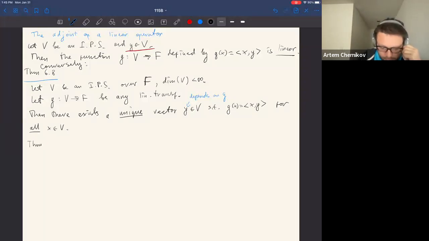And this leads to theorem 6.9, which tells us how to define the adjoint operator.